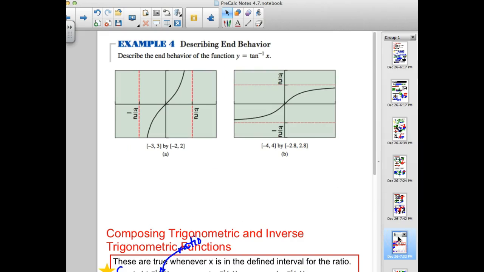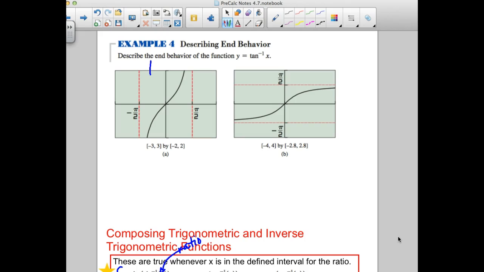All right, the last little piece is just asking you to describe the end behavior for our inverse tangent curve, which is this one. All right, first one, this is just the tangent of x. This is the inverse tangent of x. And they're asking for the end behavior. So as we move further to the left, our limit as x is approaching negative infinity, if we go all the way to the left, our function, tangent inverse of x, is approaching, we're going down here, and we're approaching this negative pi over 2 level.